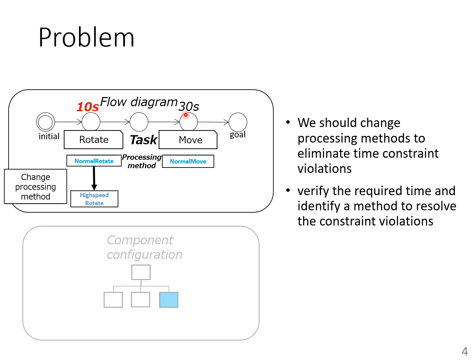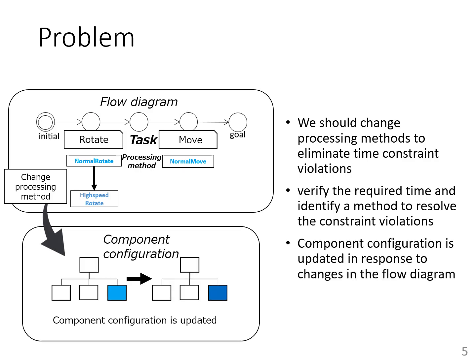We will verify the required time and identify a method to resolve the violation. In this case, we can reduce the execution time by replacing the method called normal rotate with a faster alternative, high-speed rotate, which only takes 10 seconds. This seems to solve the problem.